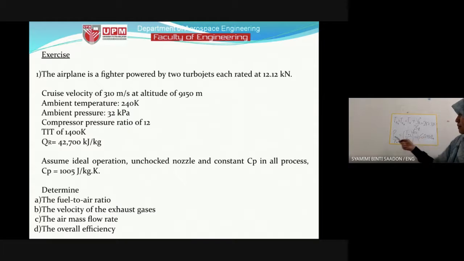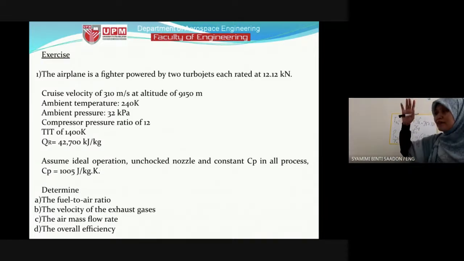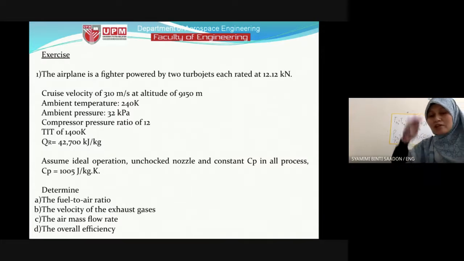So this is PO2. In your homework or your test or final exam later on, after you have calculated all the values, temperature and pressure at all the points from point 1 until point 7, I advise you to tabulate all your values and answers in a table.